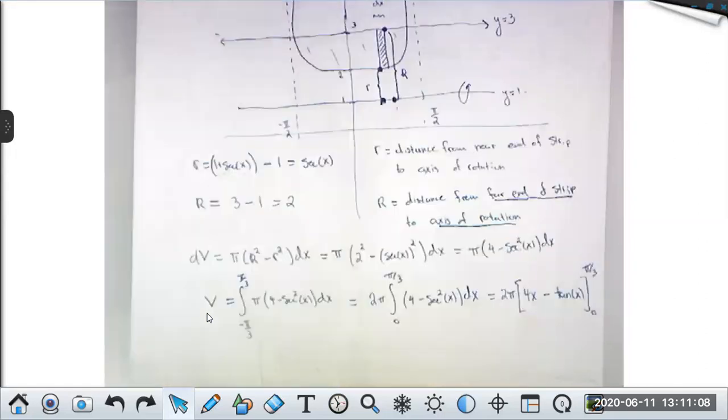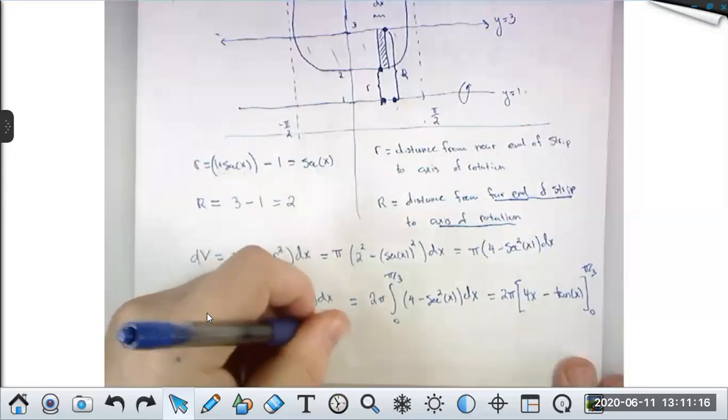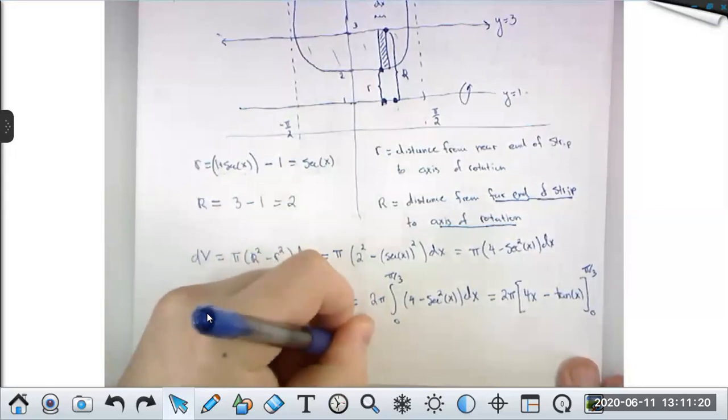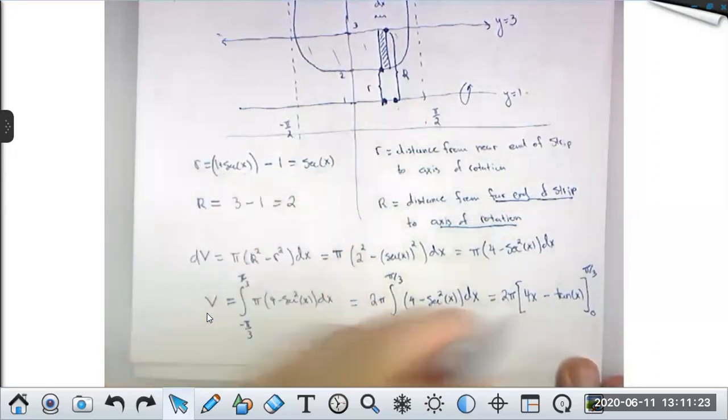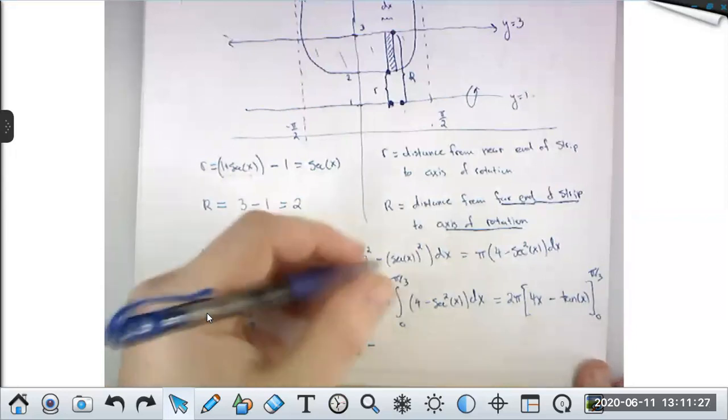This will be 2 pi times 4 pi over 3 minus tangent of pi over 3, just root 3.